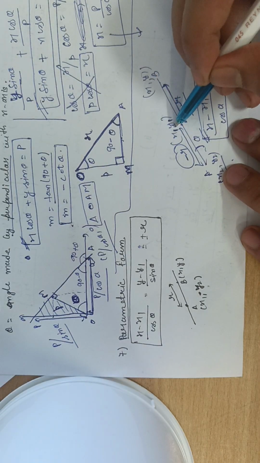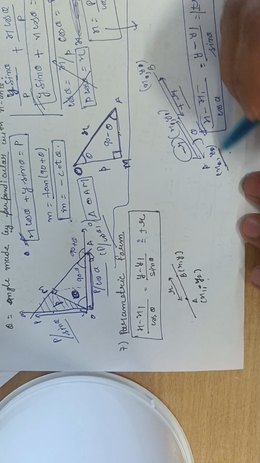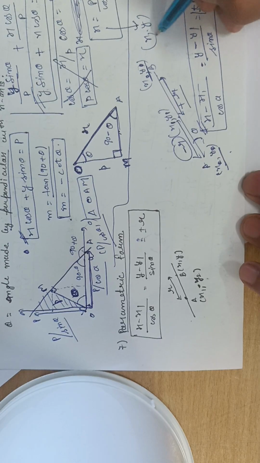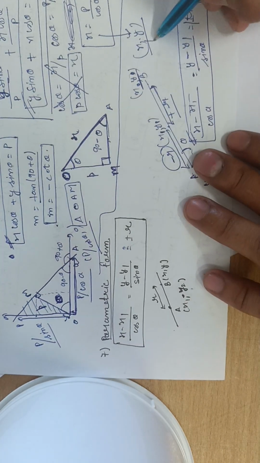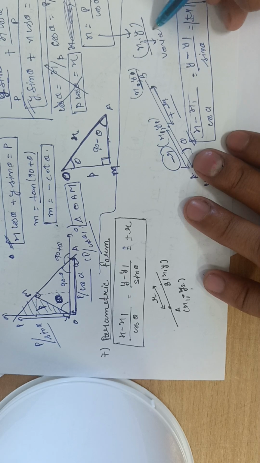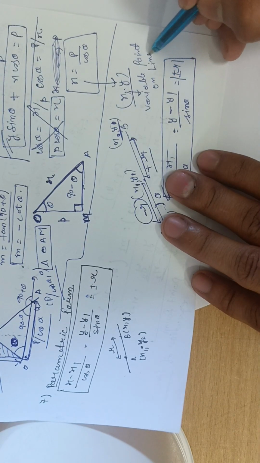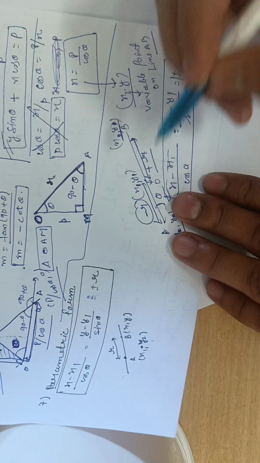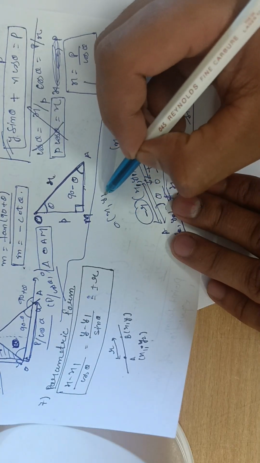This is x1 comma y1. The x comma y are the variable point on line AB, and this point which I denoted by O is x1 comma y1.